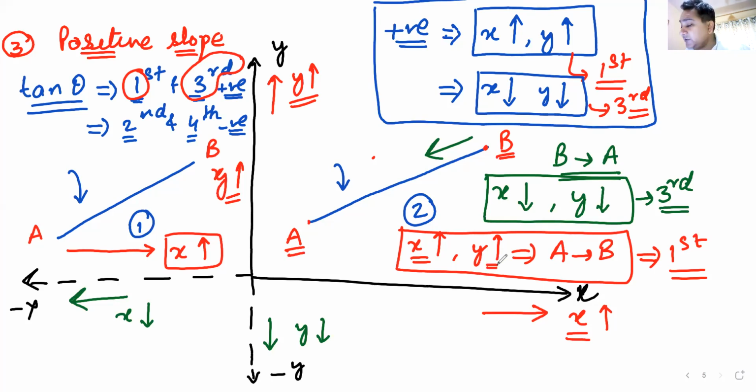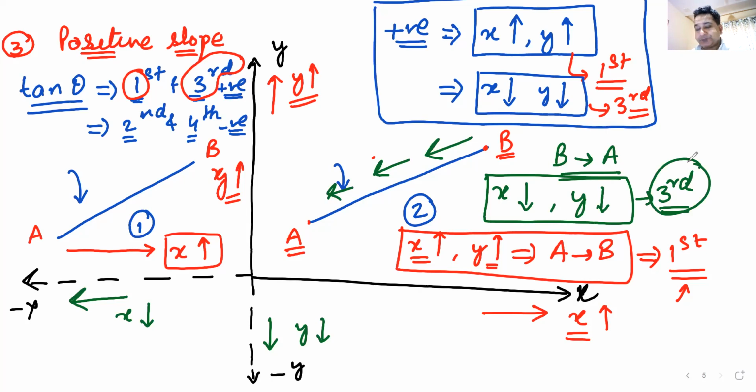The graph is a positive slope graph lying in the first quadrant. When I'm going from B to A, X value is decreasing, Y value is also decreasing. The graph lies in the third quadrant. It is still a positive slope graph. Do you understand this?